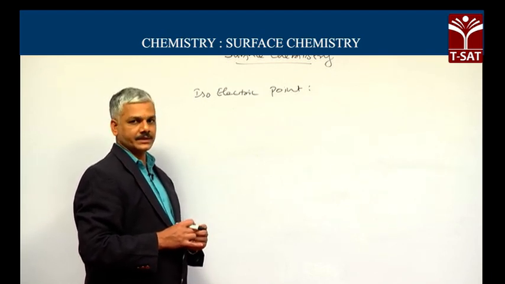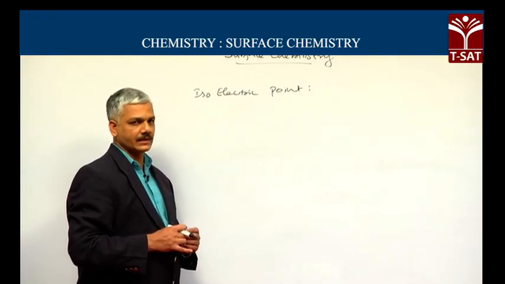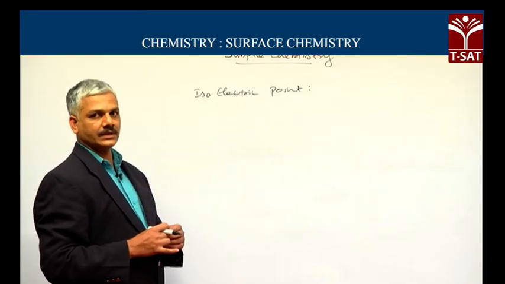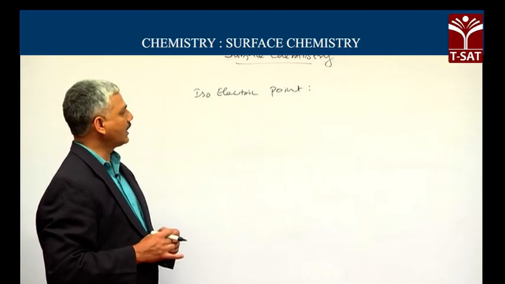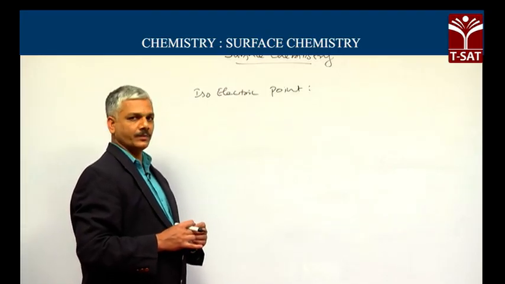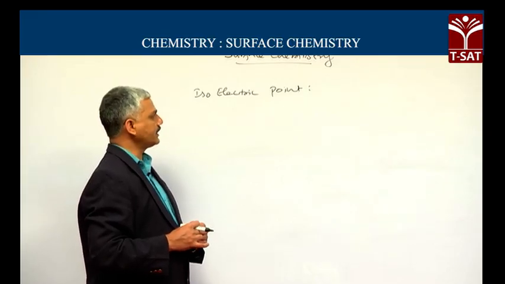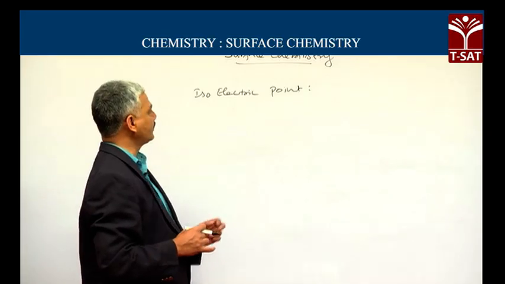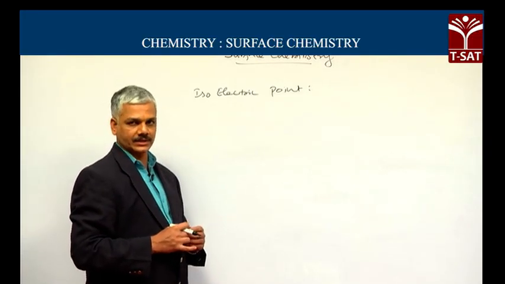Below the isoelectric point, the colloidal solution will carry positive charge. At isoelectric point, the colloidal solution will be neutral and hence on the application of external electrical field, no movement of the colloidal particle takes place. That specific pH value point is called isoelectric point.